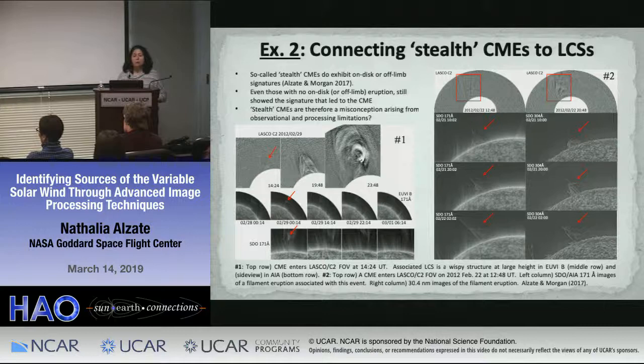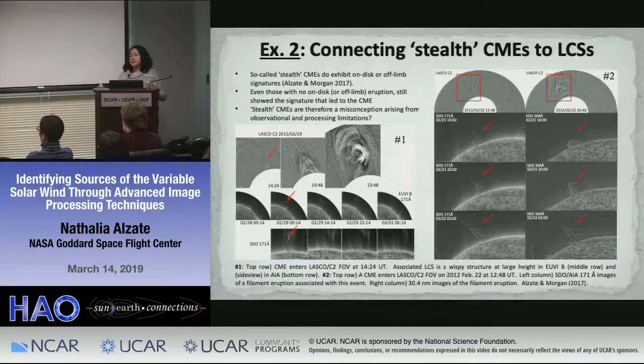Now, in no way were we trying to characterize anything, any physical analysis, none of that. We were just trying to see if our image techniques could actually bring out such faint events, which in other data sets we don't see, and therefore we have this idea of stealth CMEs, okay?